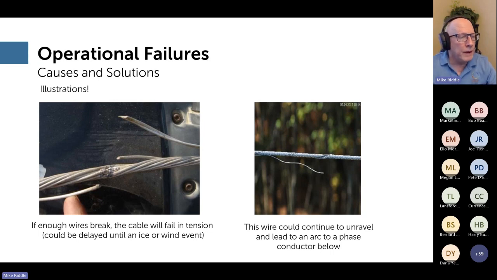But then when a big ice storm comes or something like that, the added loading pushes the cable to the breaking point. Here's a broken strand, and you can see it's already unraveled some. It's likely to continue to unravel if it's already started unraveling. And then eventually it can make contact with a phase conductor below, or just cause an arc when it gets close. So that's not going to be good.